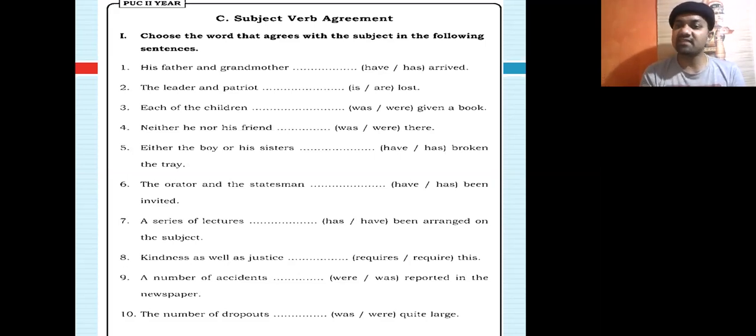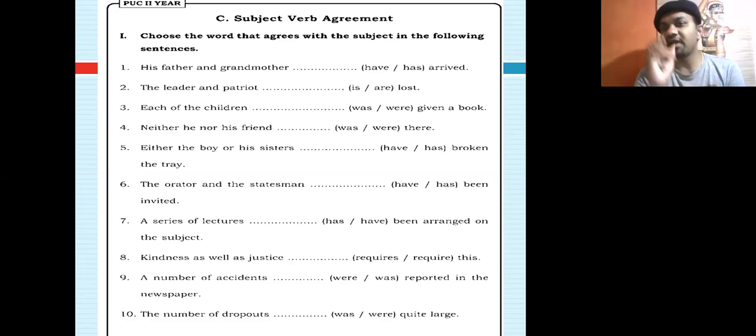A number of accidents were reported in the newspaper. A number of books in the library. We saw that example. A number of accidents were reported in the newspaper.